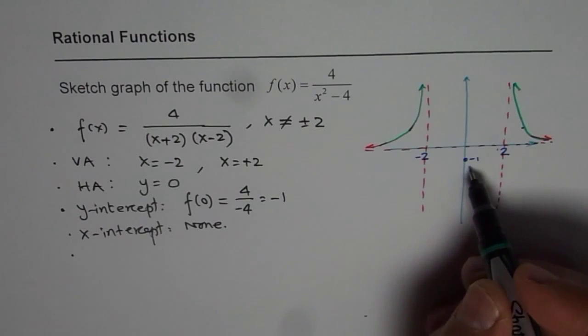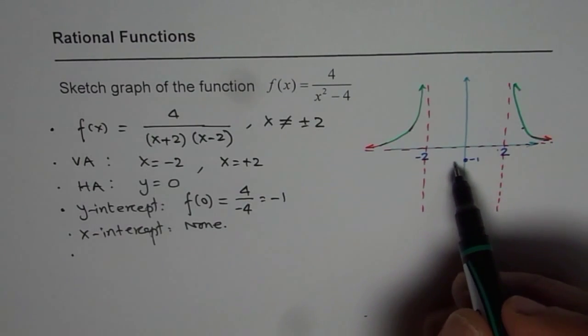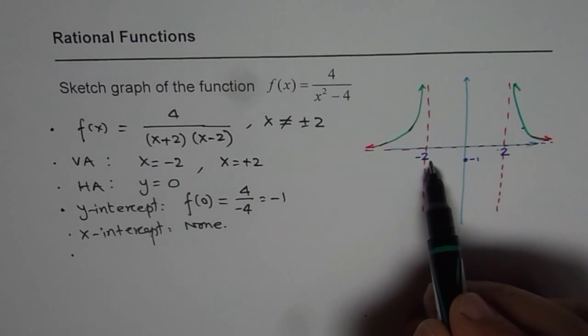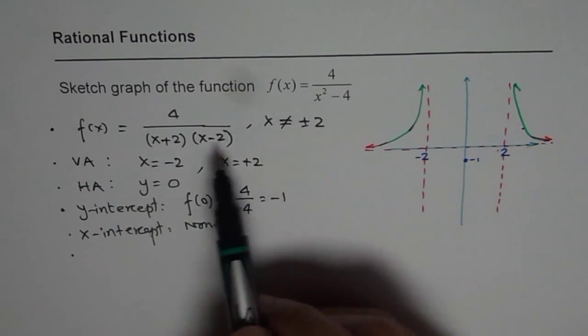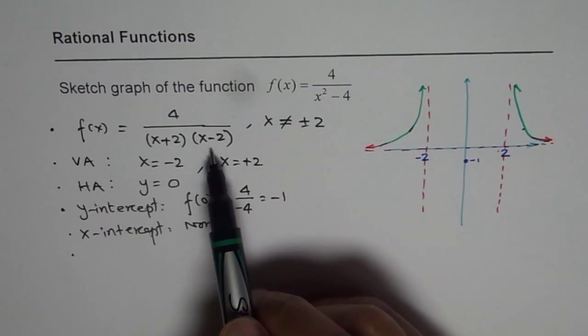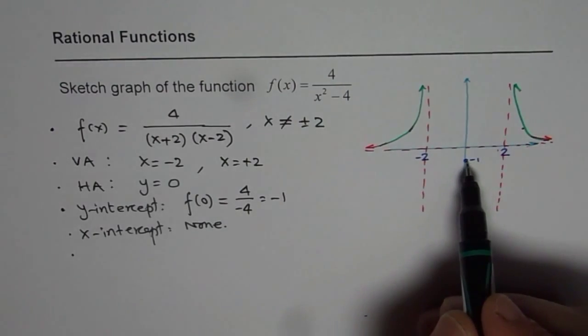In the middle, if I take any value which is less than 2 but more than minus 2, in that case the value of this function is going to be negative. It will, however, have a maximum value of minus 1, right?